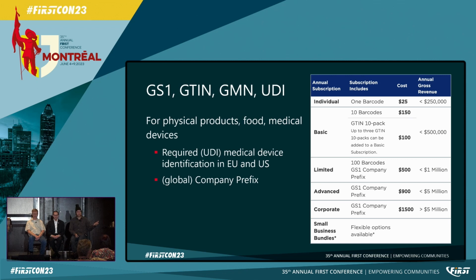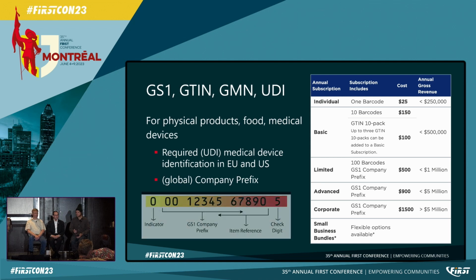It's a .org, but they also sell stuff, so I'm not sure where that falls out. But they have a sliding scale, right? I've got a plastic widget. I want a barcode for it, 25 USD a year. I'm a giant corporation. I get a company prefix. That's the supplier ID. The GS1 company prefix is the section that carves off my namespace for my supplier. Yep, you can decode this also.